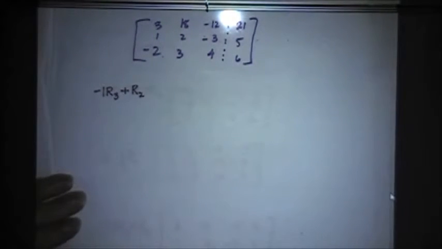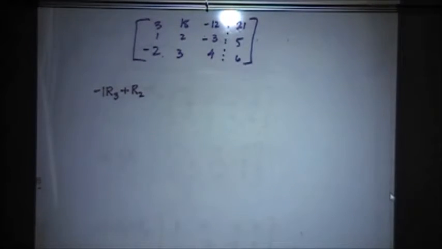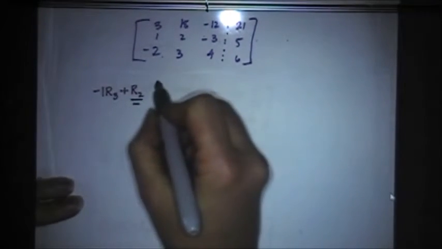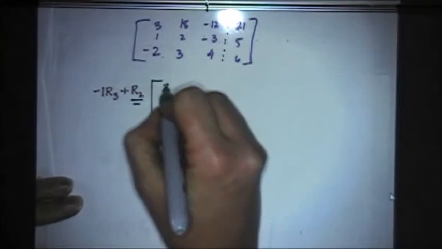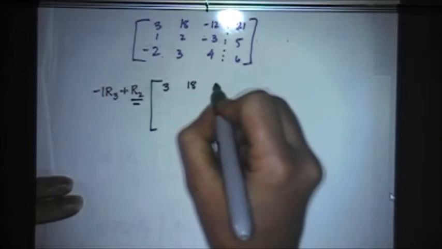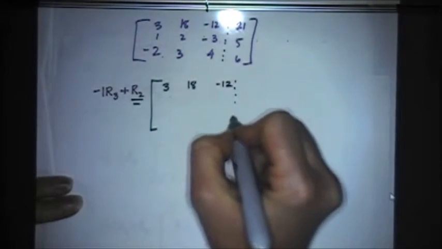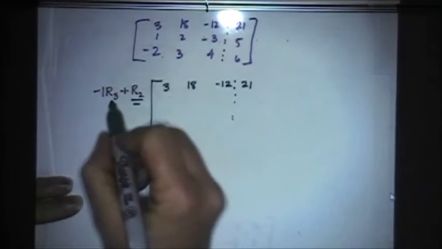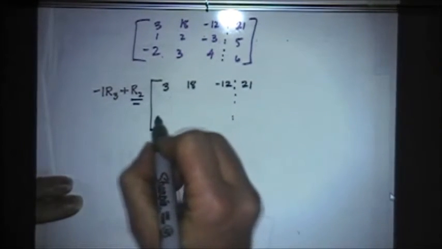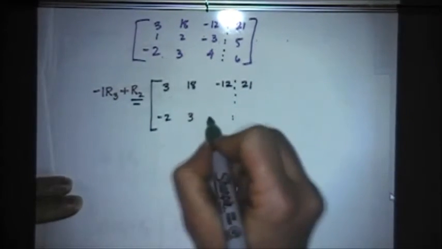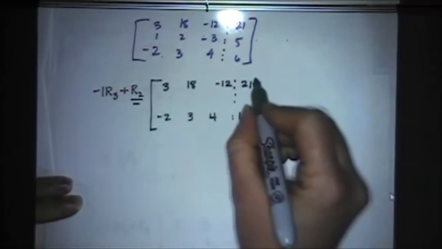Now, whenever you see something like this, while I am using row 3, I am only replacing row 2. You always replace the second thing listed. So row 1, nothing is happening with row 1 at all, so it's going to stay the same. And even though I'm using row 3, it's going to stay the same. So I'm going to go ahead and write it down because nothing's changing about it.